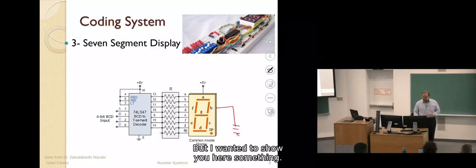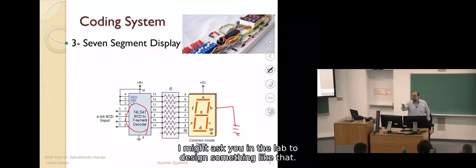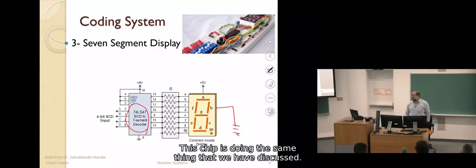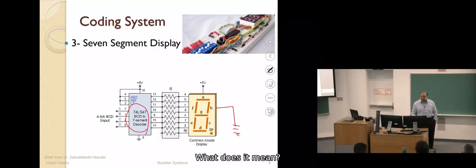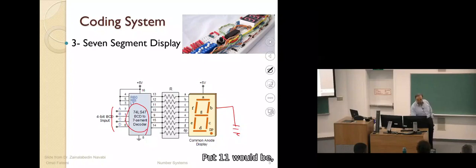But I wanted to show you here something. We have a special design which I might ask you in the lab to design something like that. We have a chip called BCD to 7 segment decoder. This chip is doing the same thing that we have discussed. What does it mean? It means that if you have a 4-bit input here, for example, I put 1. 1 would be 1, 0, 0, 0.